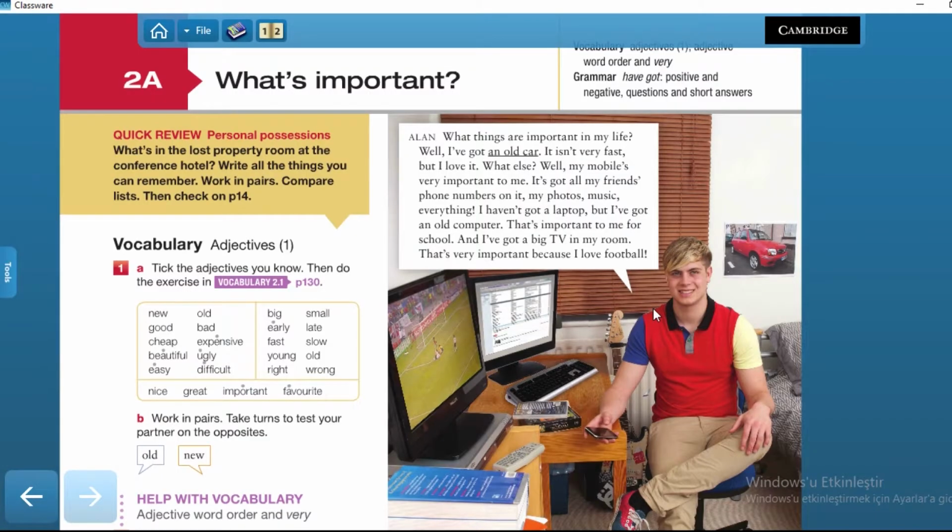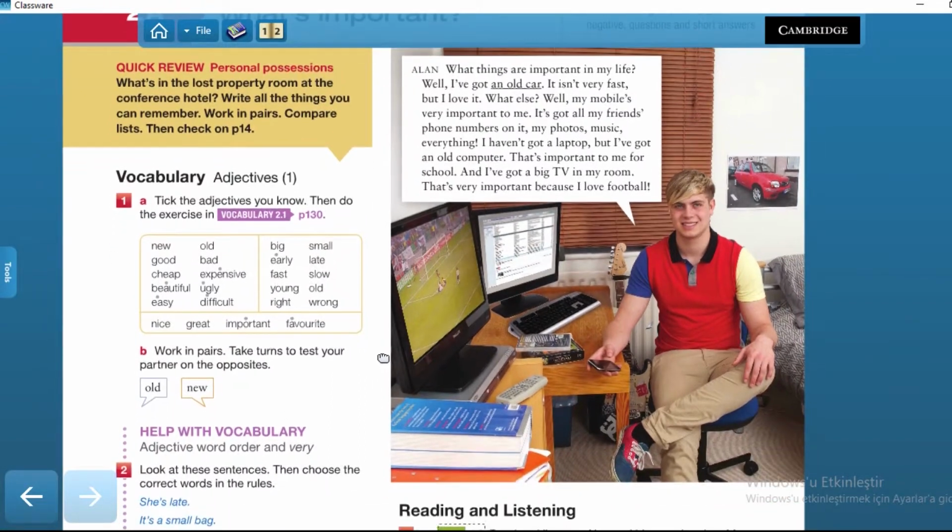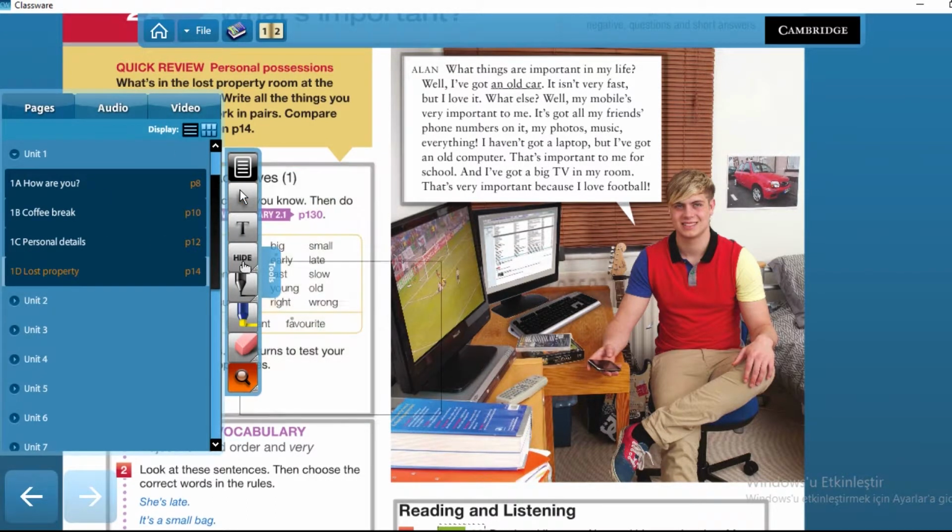Let's give some examples for adjectives. Look at the box. We have some adjectives in the box. Let's check them. Here we go.